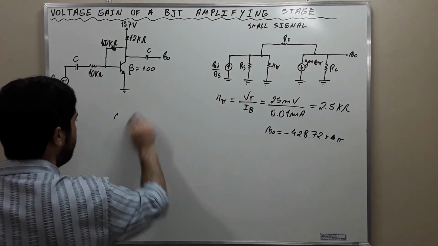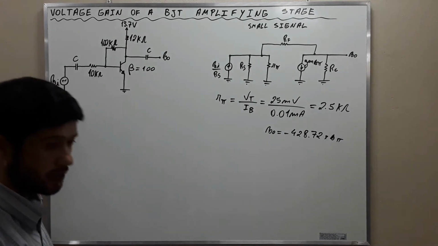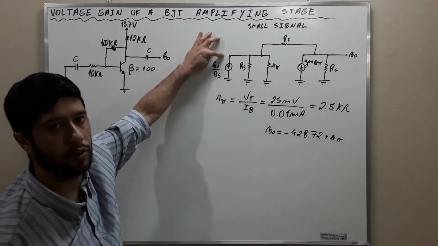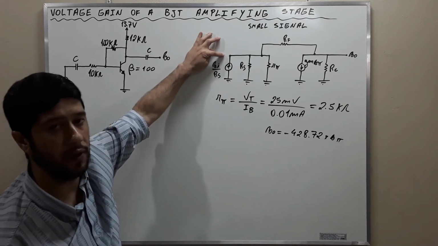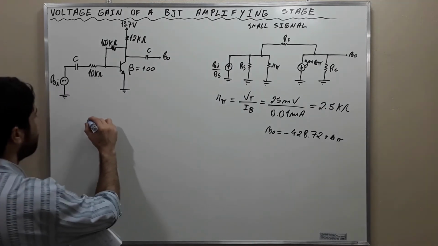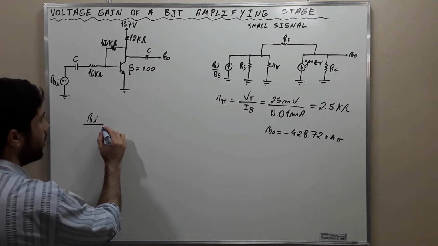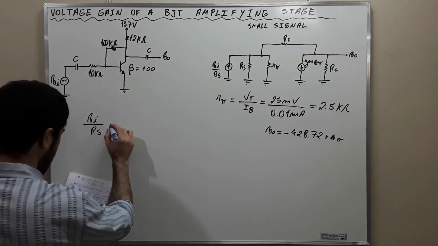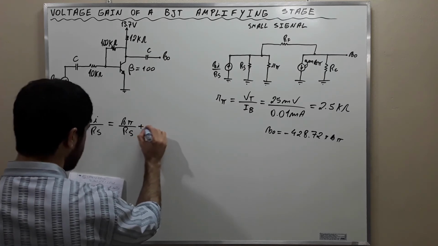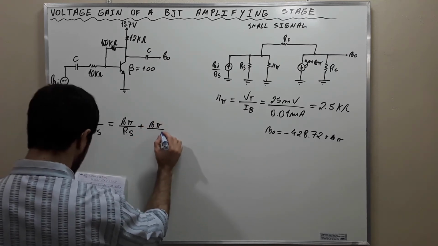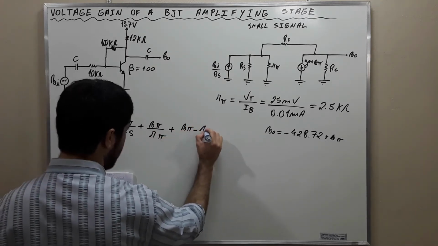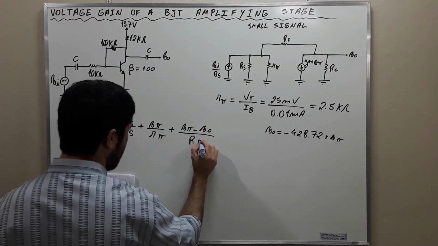The subsequent step is to apply KCL again, but at the input node. VI over RS is equal to V pi over RS plus V pi over R pi plus V pi minus VO over RF.